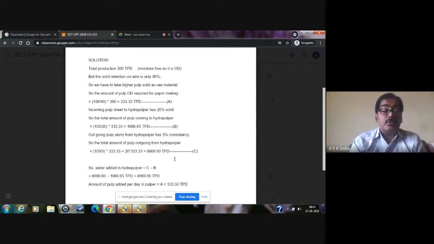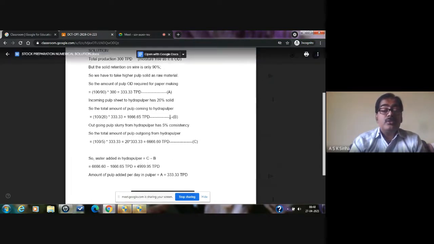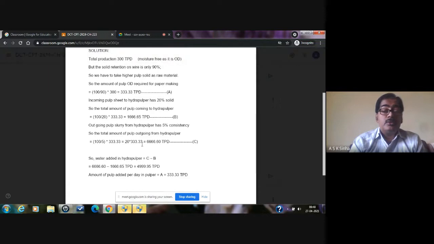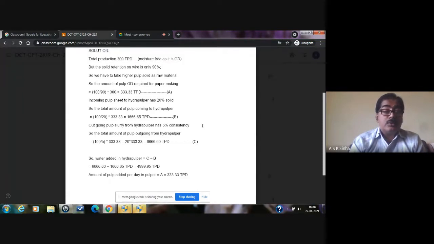The same mass is diluted by water, so now the solid is only 5 and the total will be 100. So we are calculating the total mass, the total amount of the slurry, and this will be equal to 6,666.6 tons per day.